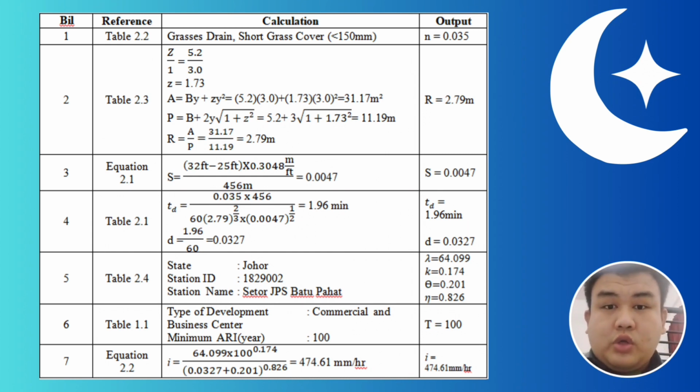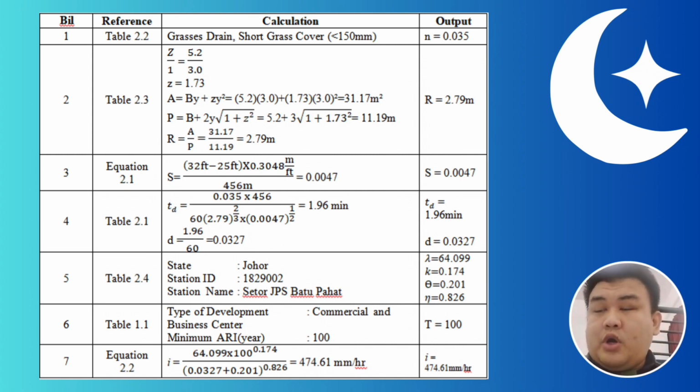Why? Because to make the floor smooth. And then for the area, we find it 31.17 meter cube, and the wetted perimeter is 11.19 meter. From this we can calculate the hydraulic radius, 2.79 meter.